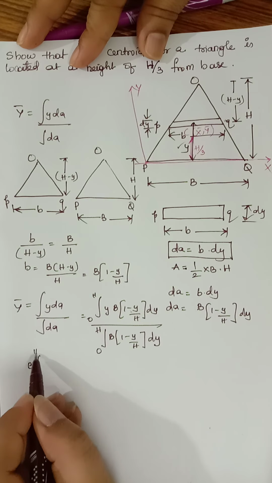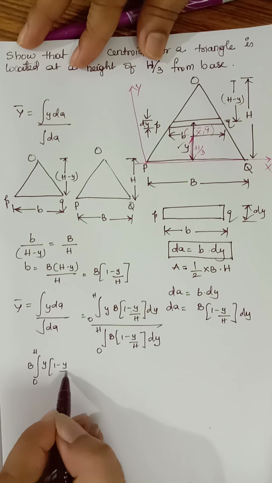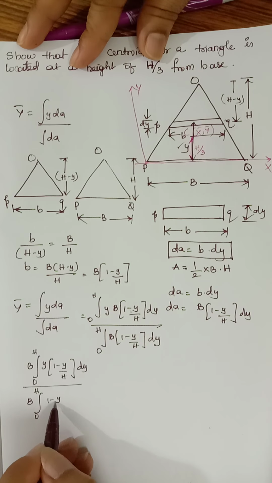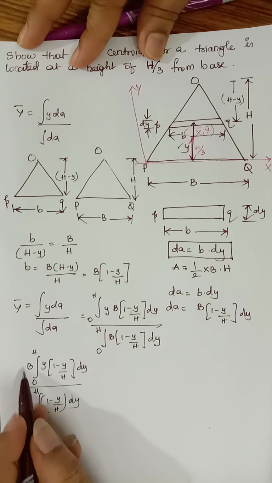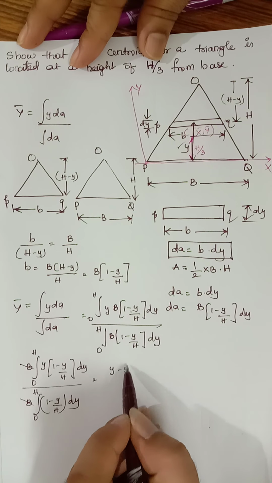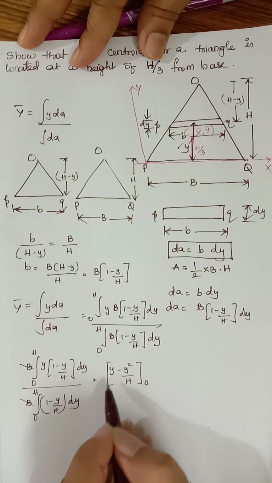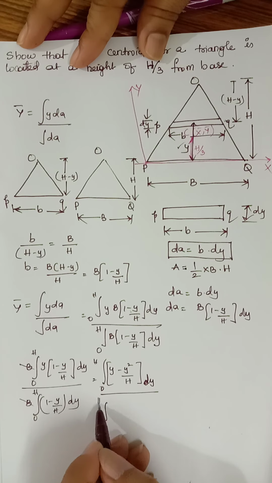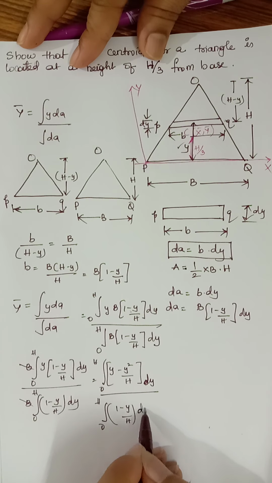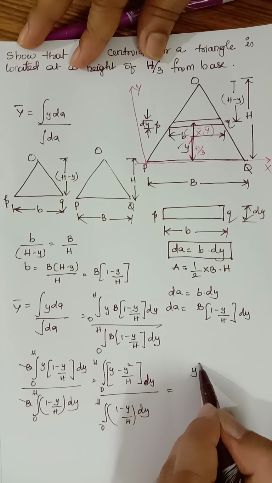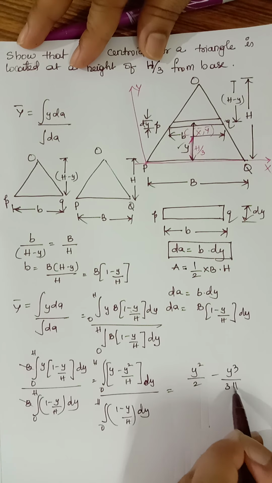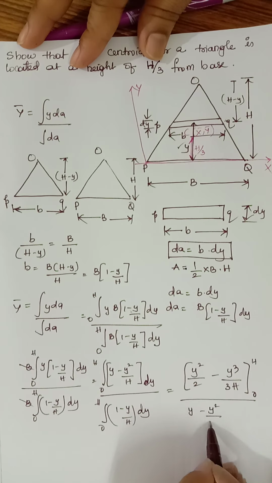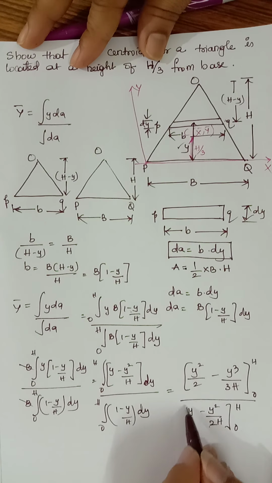So we have B integral 0 to h of y into 1 minus y by h dy, divided by B integral 0 to h of 1 minus y by h dy. B gets cancelled here, so I can write this as integral 0 to h of y minus y square by h dy, divided by integral 0 to h of 1 minus y by h dy. Integrating, we get y square by 2 minus y cube by 3h from 0 to h, divided by y minus y square by 2h from 0 to h.